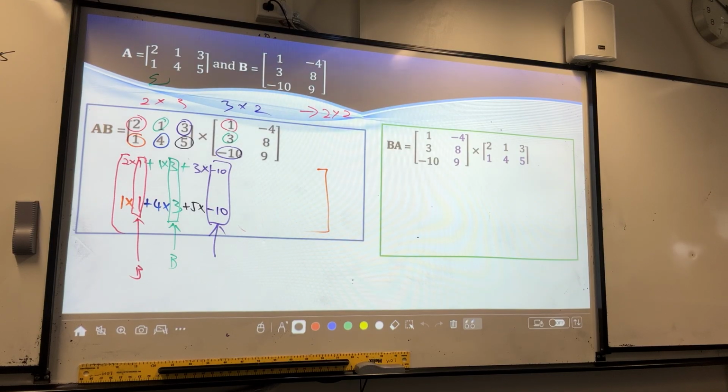So it's 2 times minus 4 plus 1 times 8 plus 3 times 9. So when you multiply two matrices together, you need to look at the dimension or the order.